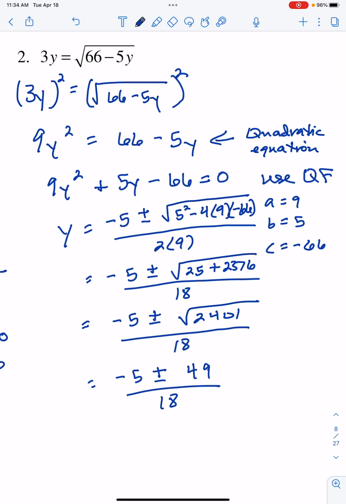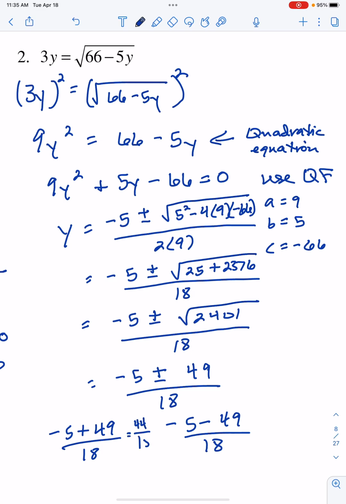Now, with no radical remaining, I have to split the plus or minus and simplify each to the best answer I can get. So I write negative 5 plus 49 over 18, and I write negative 5 minus 49 over 18. So the first one would be 44 over 18, which I'm going to reduce by 2 to 22/9.